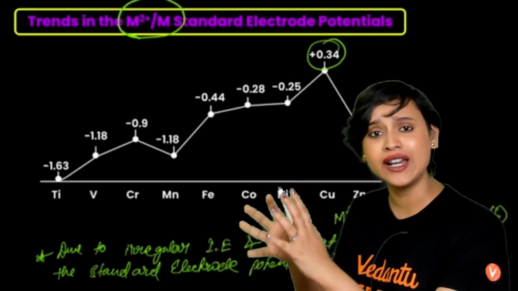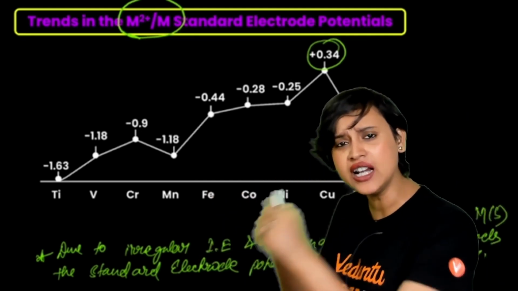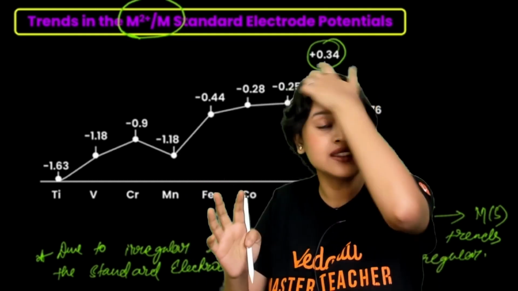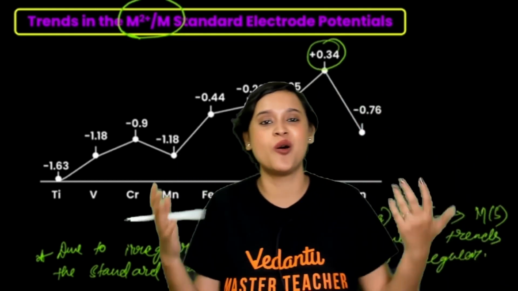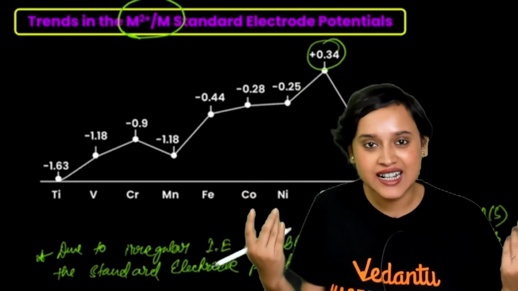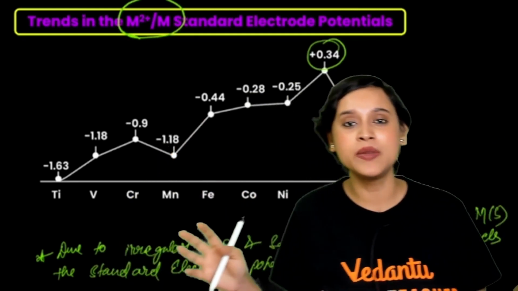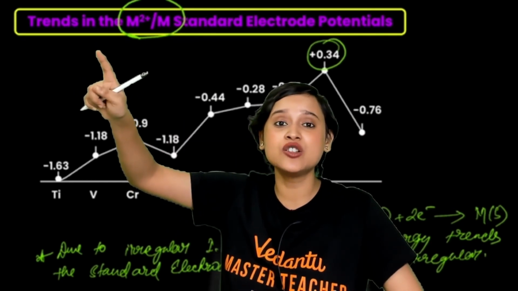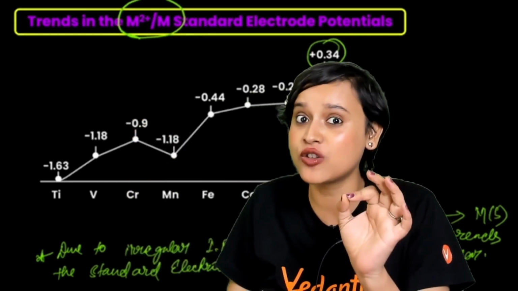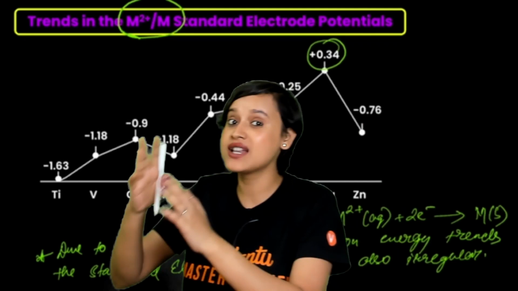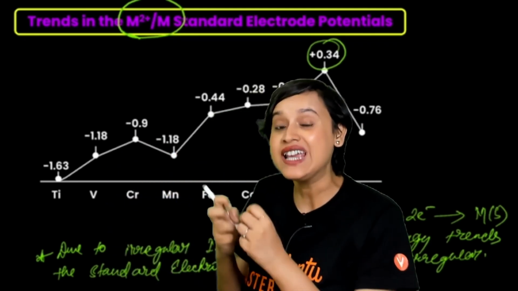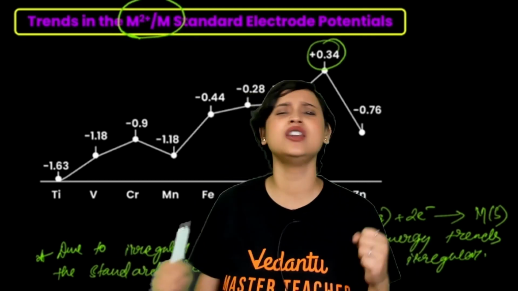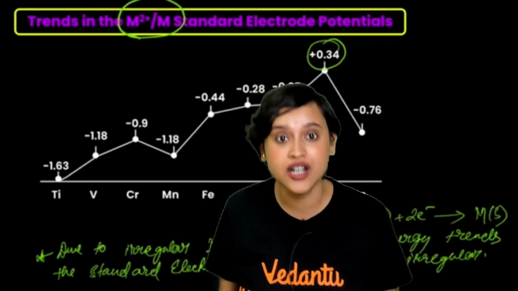You are providing such high ionization energy and sublimation energy that the hydration enthalpy is not able to compensate, which is why copper has a high tendency to get converted to solid form. And do you remember this from electrochemistry, everybody? Copper gaining electrons is reduction. Copper was readily available to go to the reduced form.